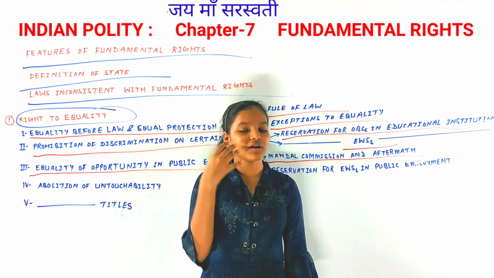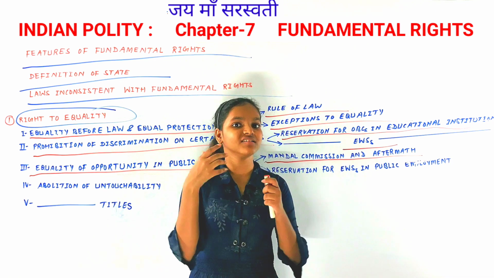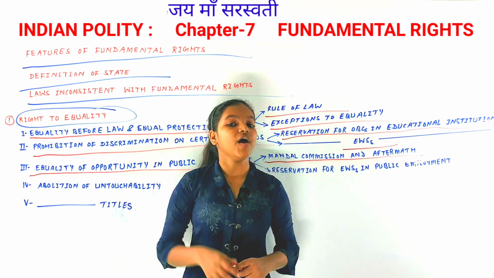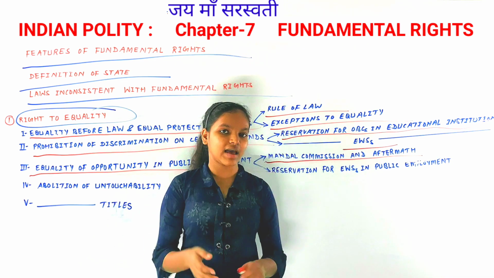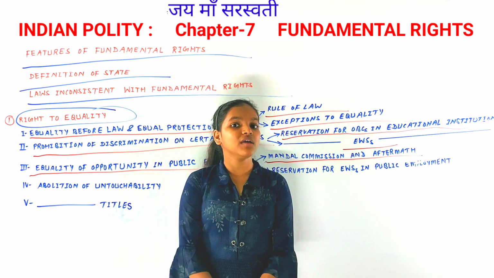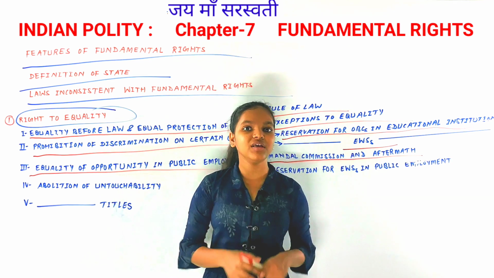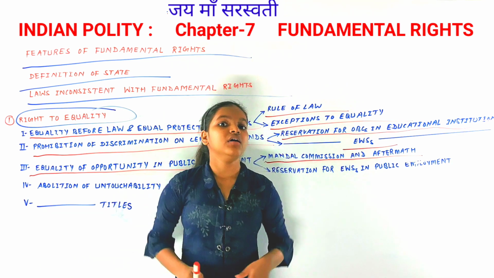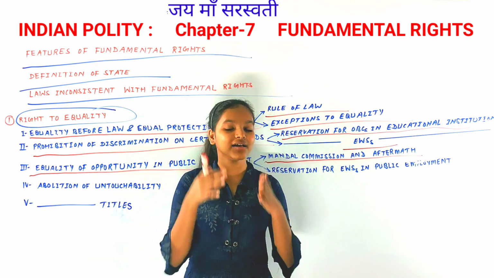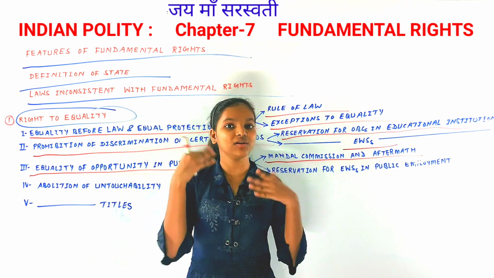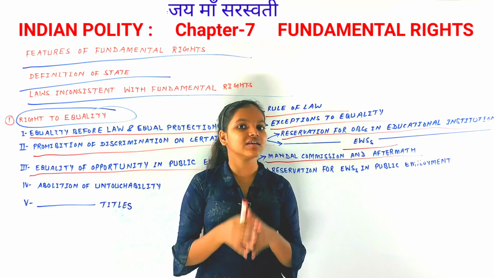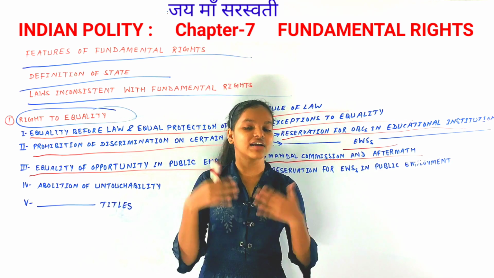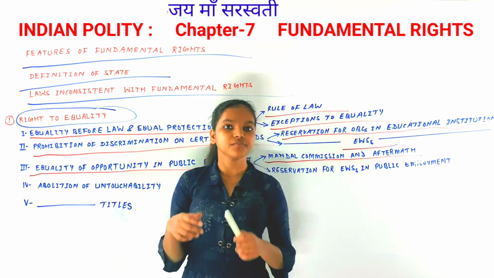So to protect this reservation, the 76th Amendment Act was enacted. To give effect to the provisions of the Supreme Court in the Mandal case of 1992, the Parliament has made many changes, laws and enactments.